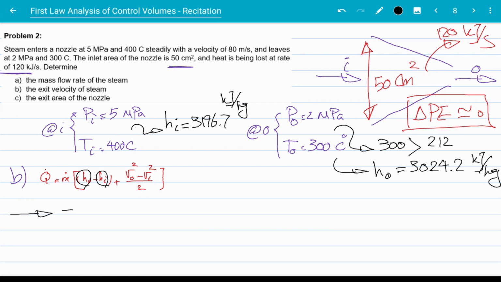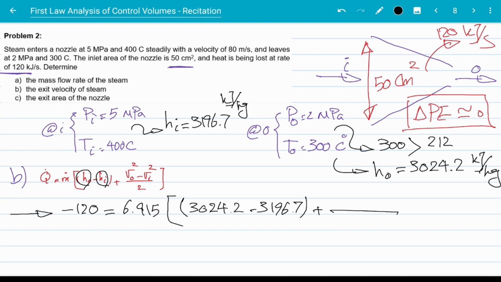So minus 120 kilojoules per second is equal to mass flow rate, we know it from part A, which is 6.915, times, now h of exit, 3024.2 minus h of entrance, 3196.7 plus unknown velocity of the outlet squared minus the velocity inlet is 80, so 80 squared over 2.